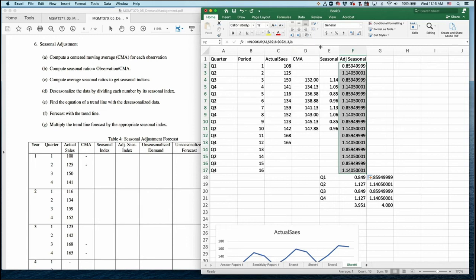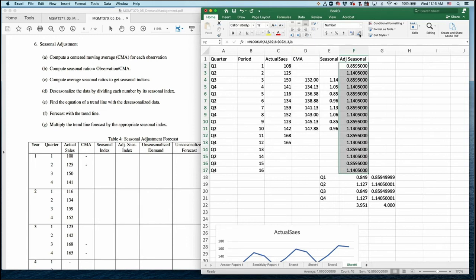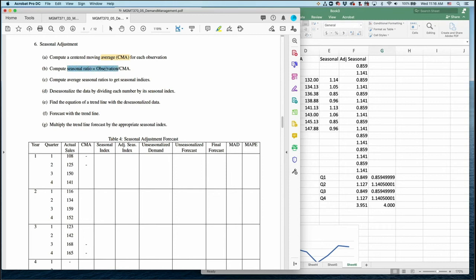So now we have these 7 steps. In the very first step, we computed the CMA, and in the second step we computed the seasonal ratio, and in the third step we computed the average seasonal numbers. So that's why we compute this, and we add this adjusted seasonal factor.